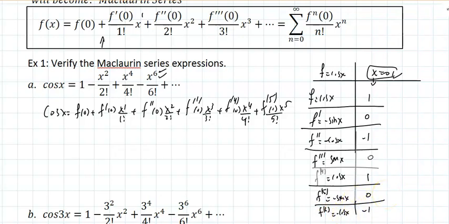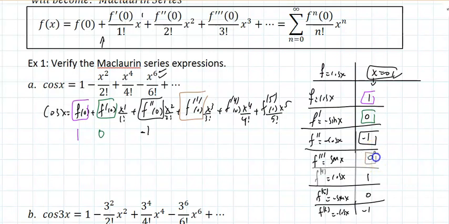So if I fill in the blanks, what does that mean? If I replace f of 0 by 1, if I replace f prime of 0 by 0, if I replace f double prime with a negative 1, if I replace the third derivative by a 0, if I replace the fourth derivative by a 1, and the fifth derivative by a 0, right?